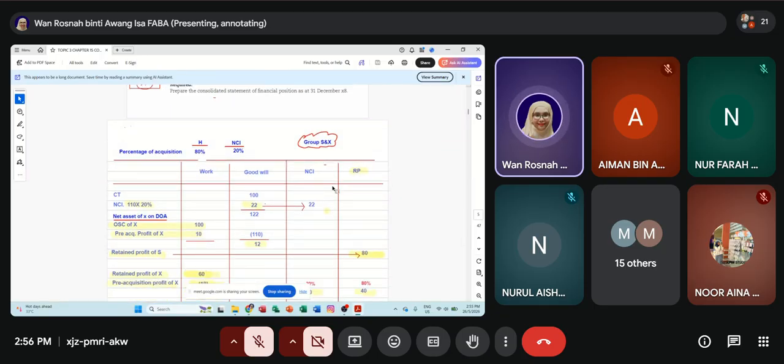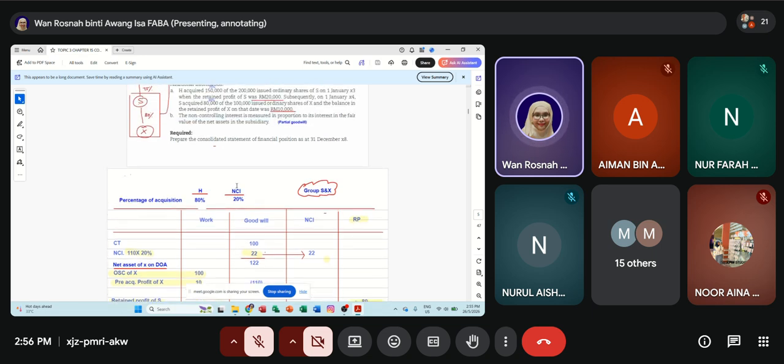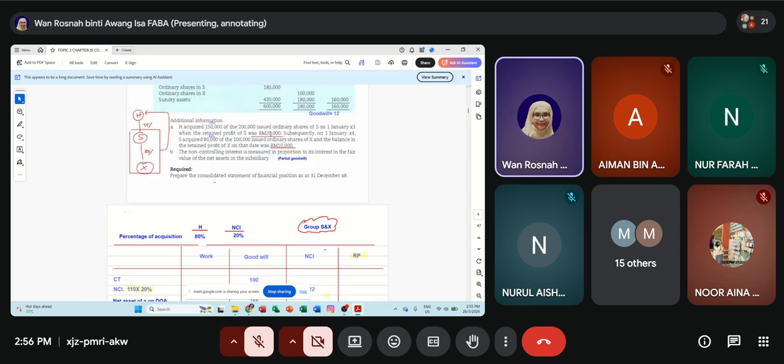And you have to add the pre-acquisition profit of X. Okay, so pre-acquisition profit of X, you have 10,000.